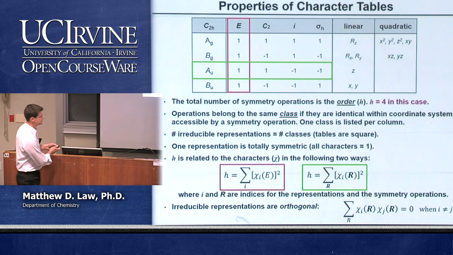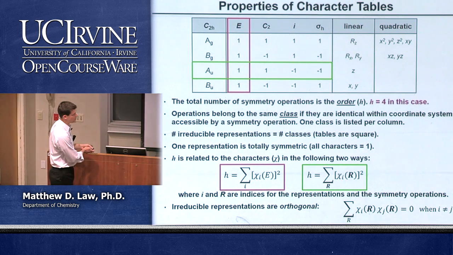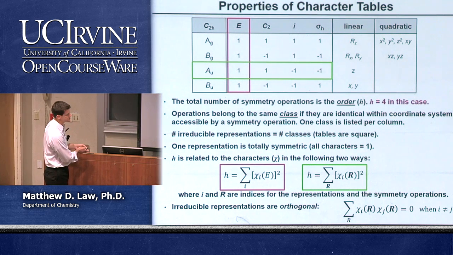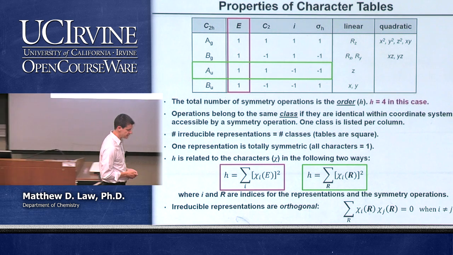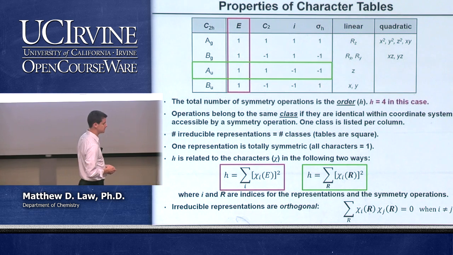Mathematically, what that means is that if you take the sum over all of the different symmetry operations of the product of the character in that particular symmetry operation for irreducible representation I, multiplied by the character for that operation of irreducible representation J, sum them all up, you have to get 0. That's the mathematical definition of orthogonality in this context.